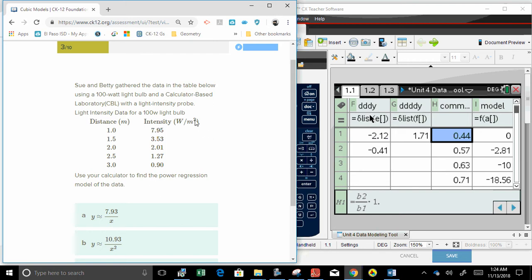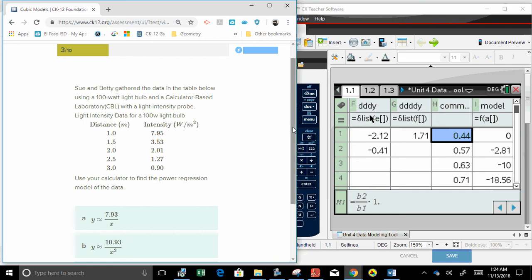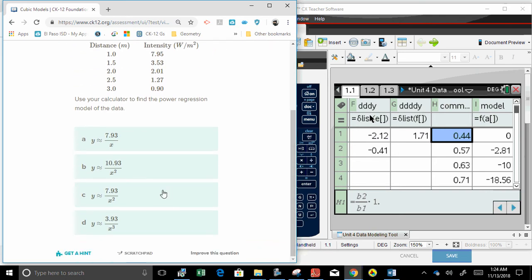Well, this would be x to the negative 1 or negative 2. It says right here, Sue and Betty gathered data at the table below, a 100 watt light bulb with a light intensity probe. It's just watts over the distance squared. So just by the measurements, it looks like it would be either this one or one of these two, because of the x squared.